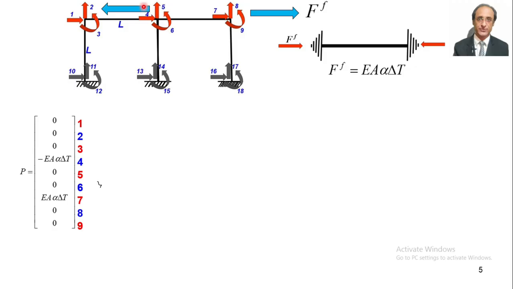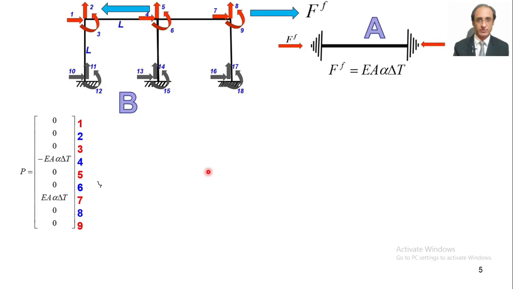Because of the thermal effect, the forces would be along the degrees of freedom number 4 and number 7 only. And these directions are consistent with the analysis we have done, because here the temperature is rising. That means the fixed-ended forces would tend to keep the particular member under compression. So opposite of these would be acting on the joints.